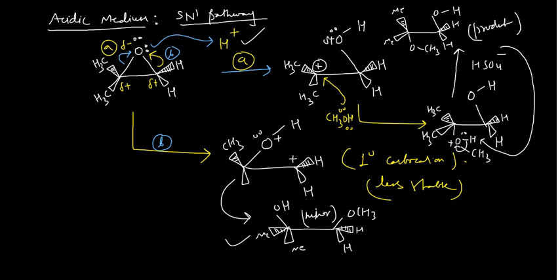Okay, so now another reagent which we can use in that case. Say, for example, we have the same epoxide I am taking. So this is CH3 and this is oxygen. Again I am taking the beta. Beta means they are above the plane.